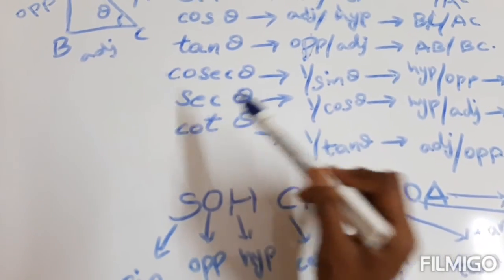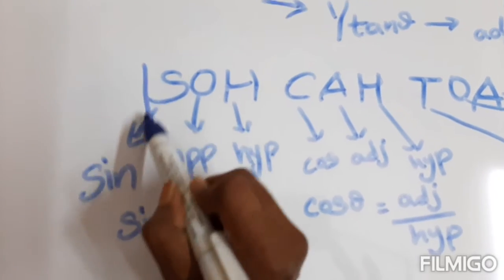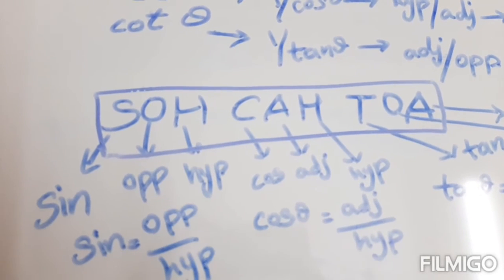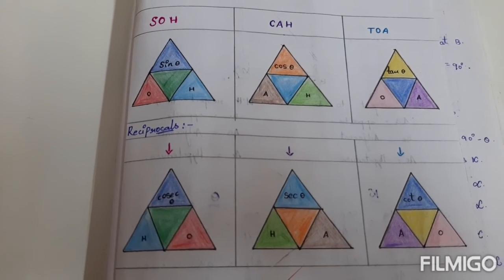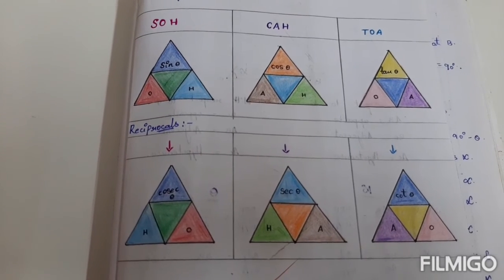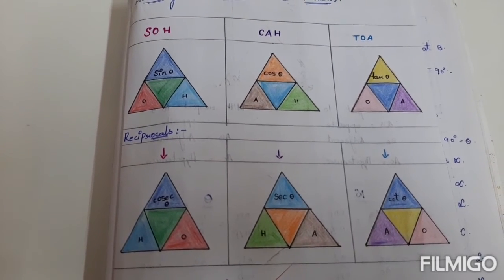For the remaining formulas, cosecant, secant and cot, we take the reciprocals of sin theta, cos theta and tan theta. Friends, do remember this trick, SOHCAHTOA. You can see the triangles and observe this.